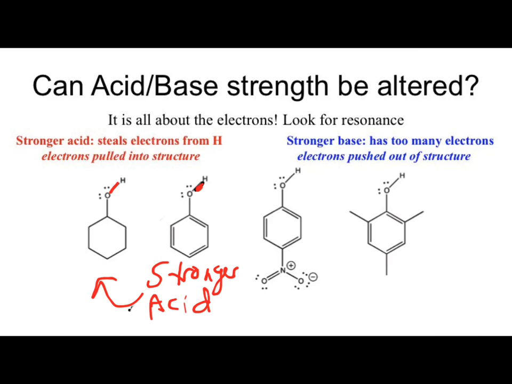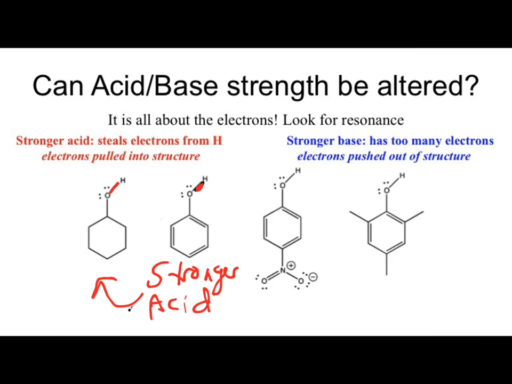Because what we've done is taken the electrons on that oxygen and pulled them away from the hydrogen. We pulled them into the structure. That hydrogen now doesn't have the electrons that it needs to stay bonded, so what happens? Goes off to find them someplace else as H+. So we've made it a stronger acid.